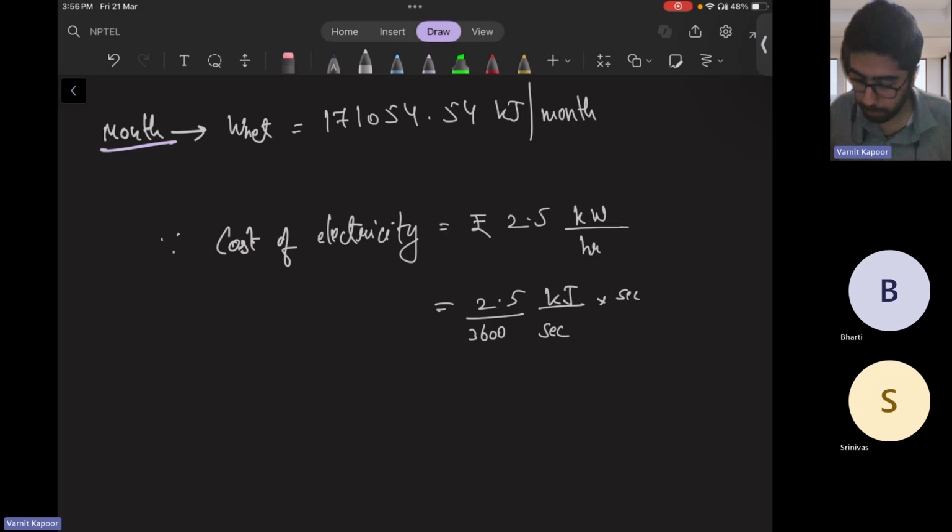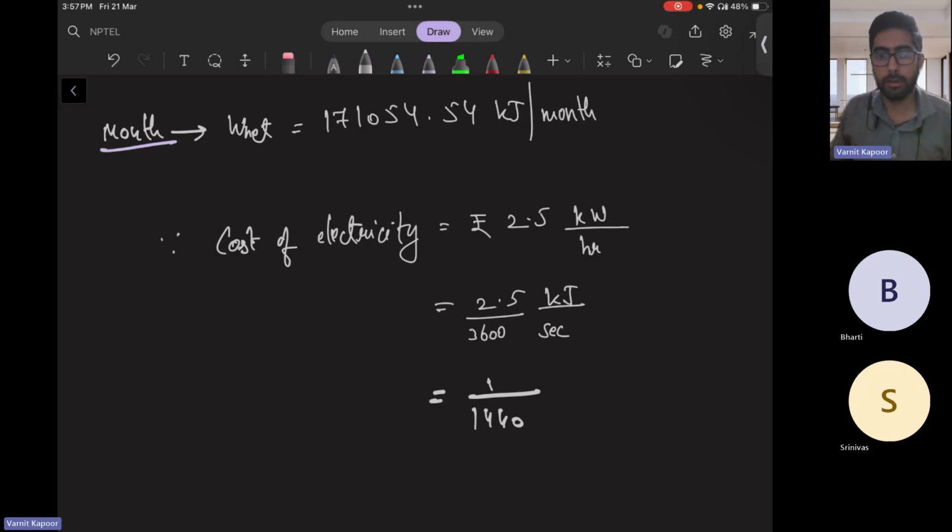So it's rupees per kilojoule. It comes out to be 2.3600 divided by 2.5. It's nothing but 1 by 1440. Kilowatt is kilojoule per second.